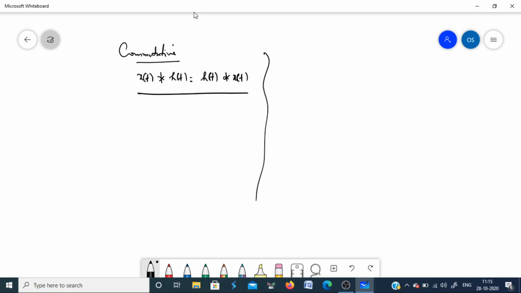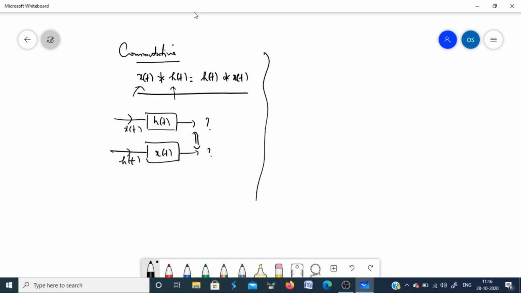It means the roles of the input and the impulse response can be interchanged. Either x of t is the input to a system having impulse response h of t and you get output y of t, or you take h of t as the input to a system with impulse response x of t, and your output will be the same. This is the commutative property.